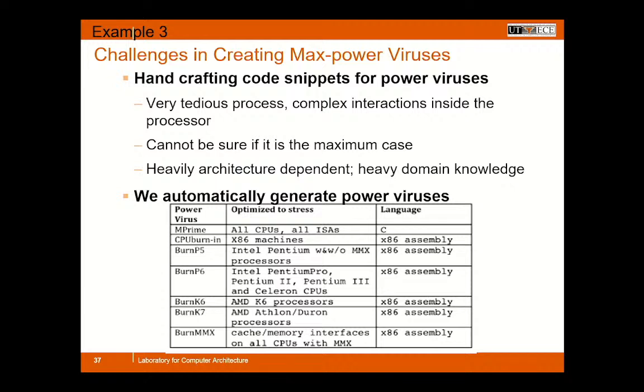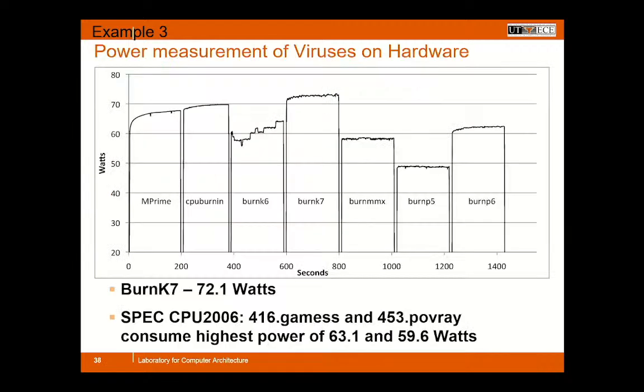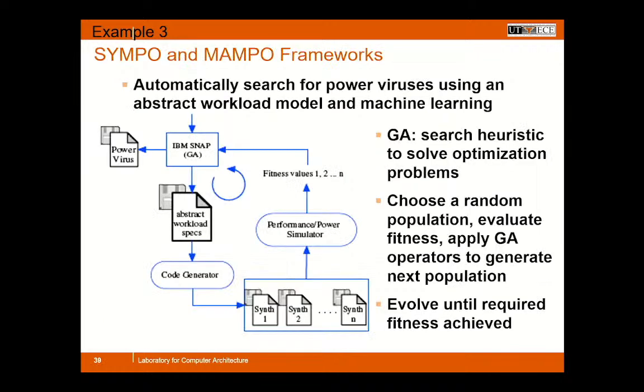Now, our objective is to find something like this, but without knowing anything about the hardware, just find it automatically. These are all programs that existed; we just characterized them and saw their power. Now we want to exceed this using a genetic algorithm and the methodology I explained before.